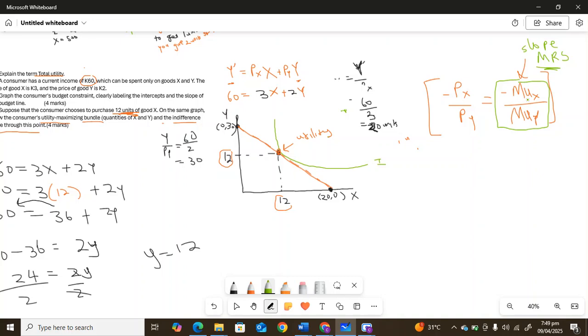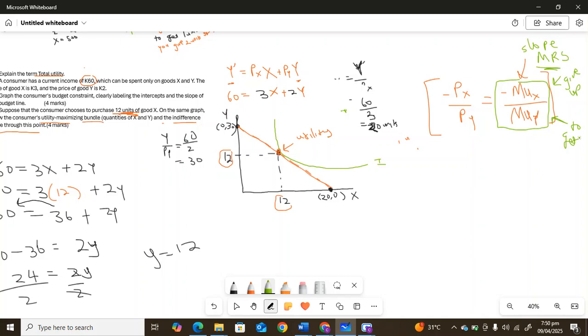How many units of good X you need to give up? Remember, the numerator is give up, to get good Y. The denominator is to get. Okay. So that's the marginal rate of substitution, which is the slope of the indifference curve.